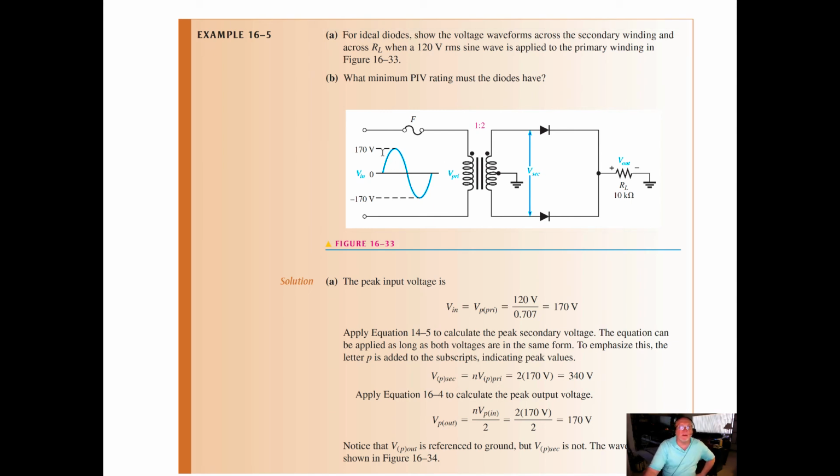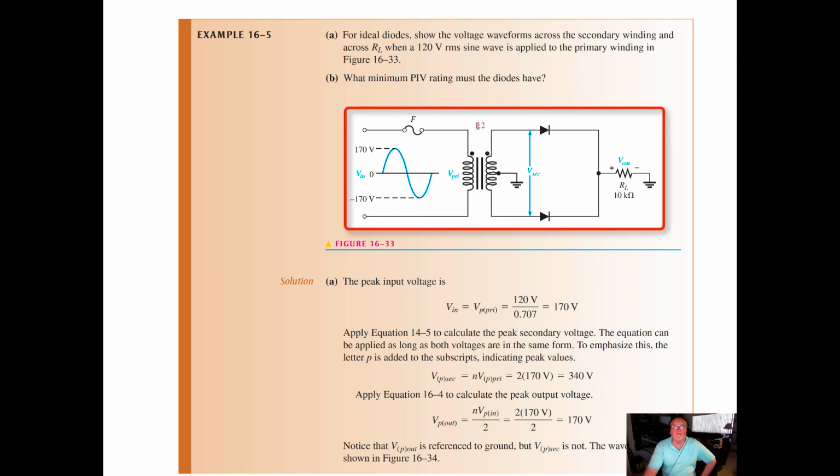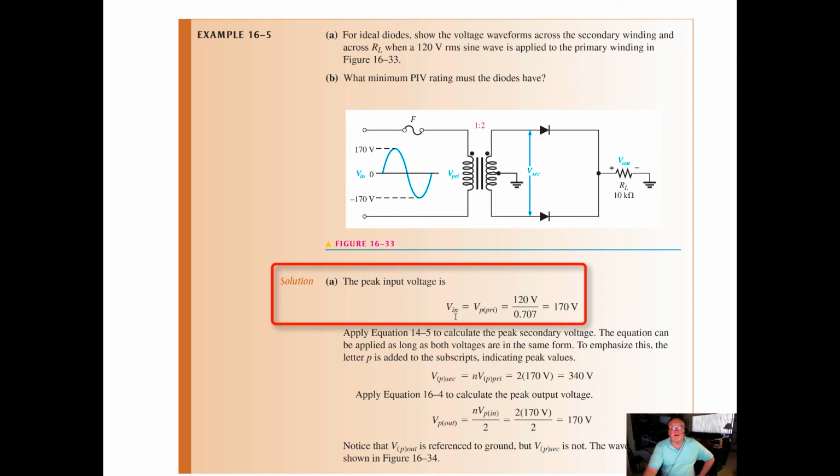We've got 170 volts peak on the input, a 1 to 2 turns ratio, and an output taken across a 10k ohm resistor. The peak input voltage, VPN, is equal to V peak primary. So 120 volts divided by 0.707 gives us 170 volts peak.